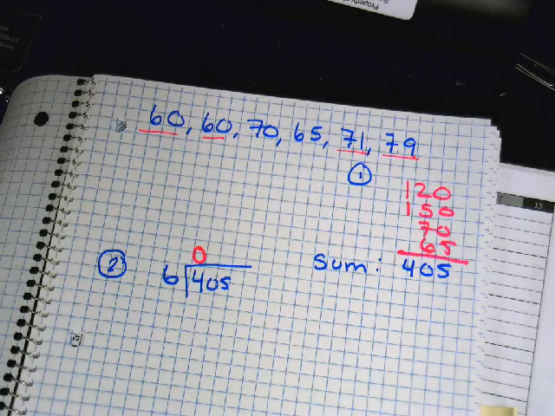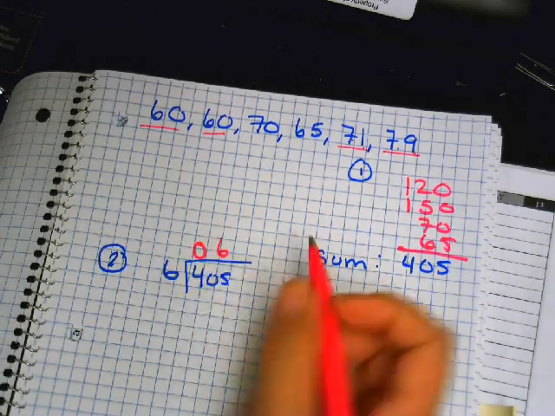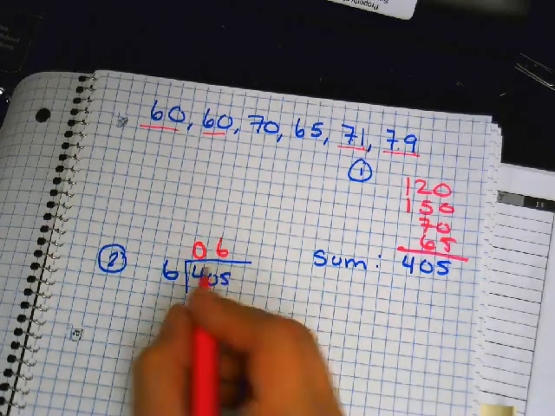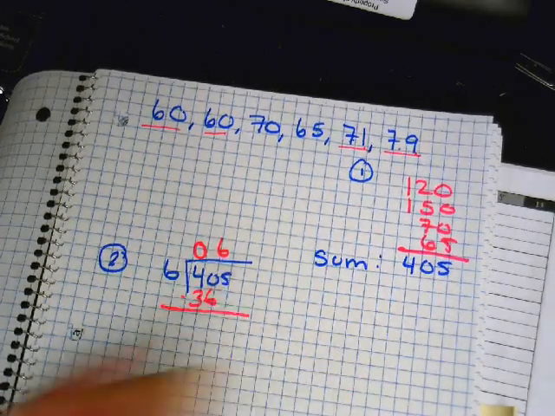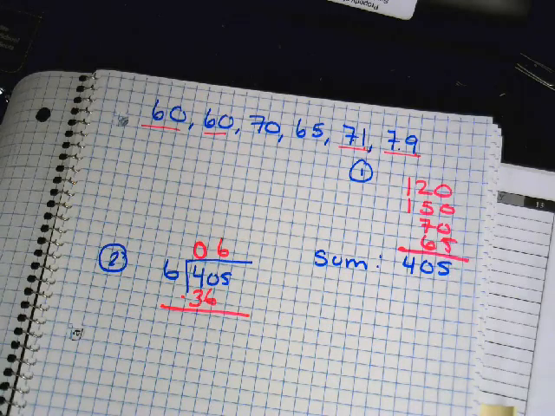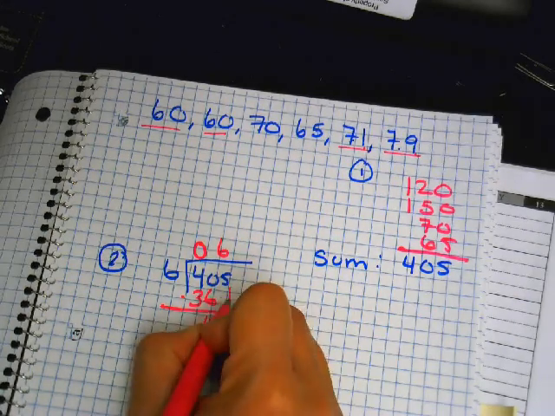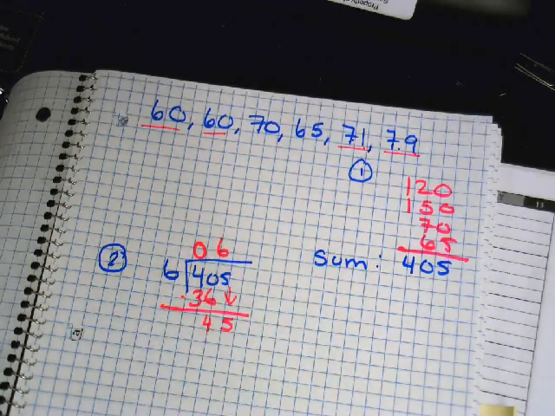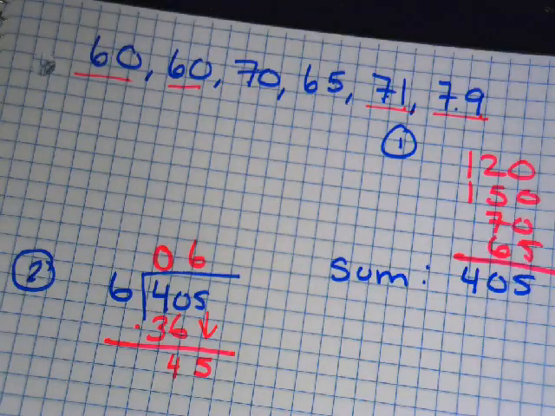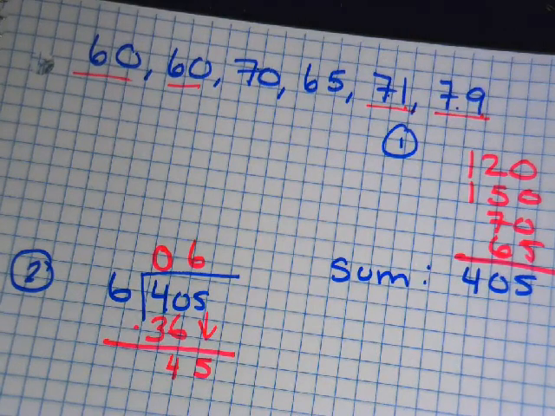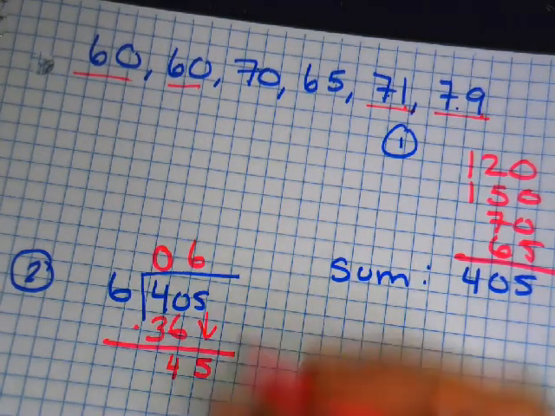All right, how many times does 6 go into 40? 6. What's 6 times 6? 36. What's your remainder? 4. So now you have 45. So how many times does 6 go into 45? 7. Because 7 times 6? 42.